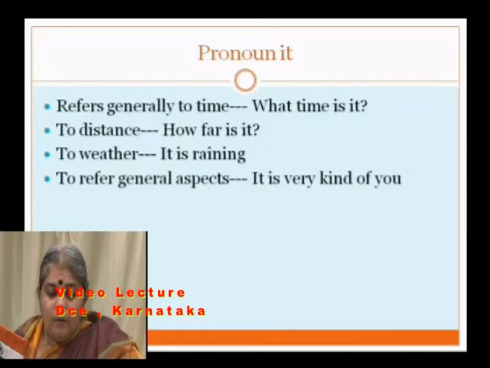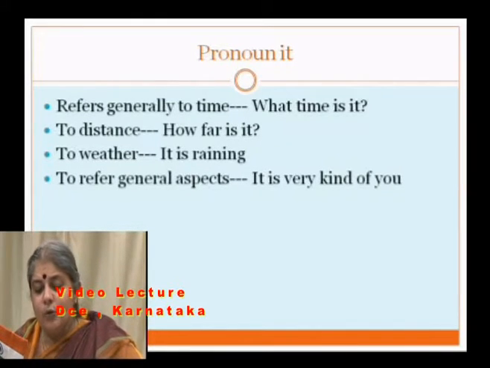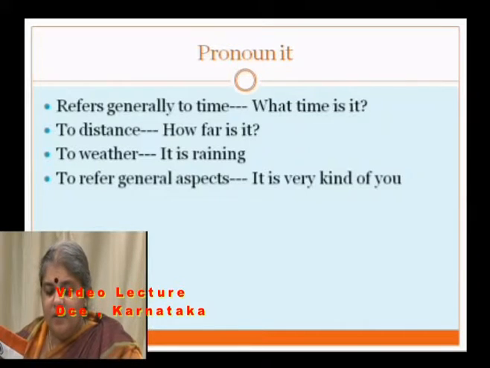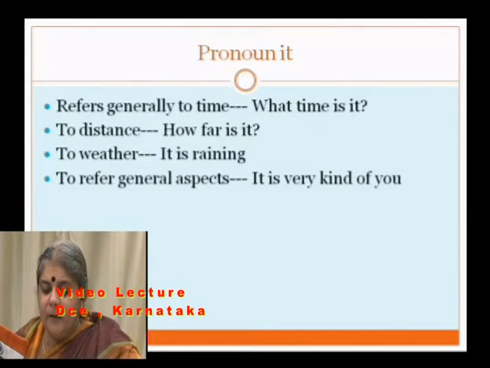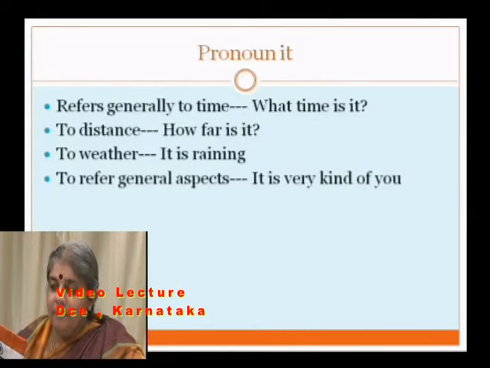Now, the pronoun it has no specific meaning, but it can be used to refer to time, distance and weather condition, and also a very general aspect or life in general. If I have to use the word for time, what time is it?